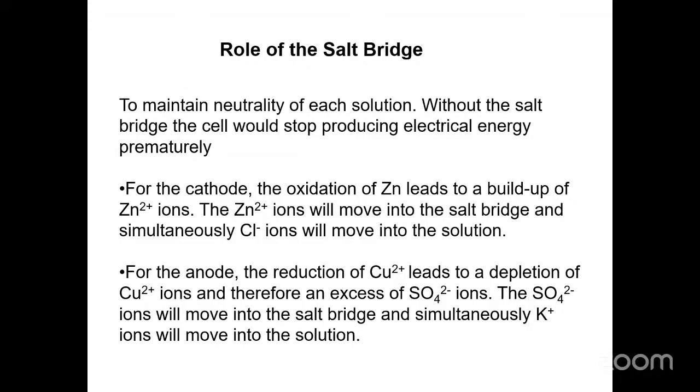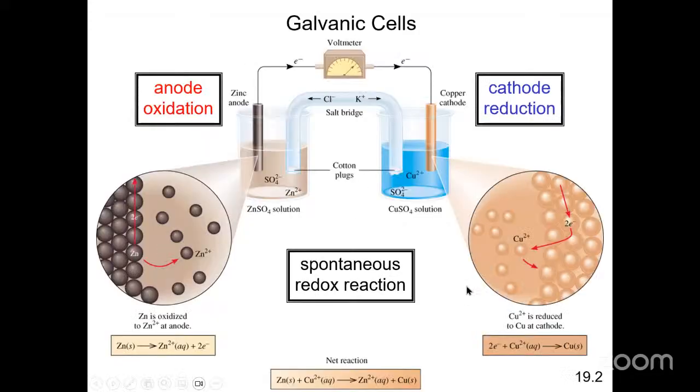Now, going back to the previous slide, I skipped over the nomenclature for the different solutions and the metals that are dipped in it. So we say that this combination right here, we call that the anode. And the anode is where oxidation takes place. So at anode, we have oxidation, right?